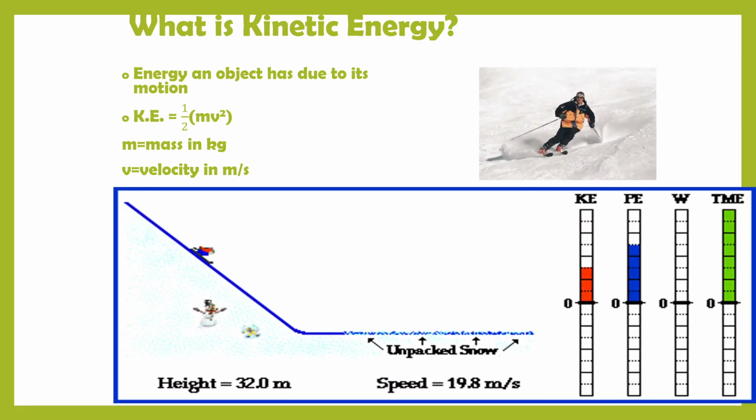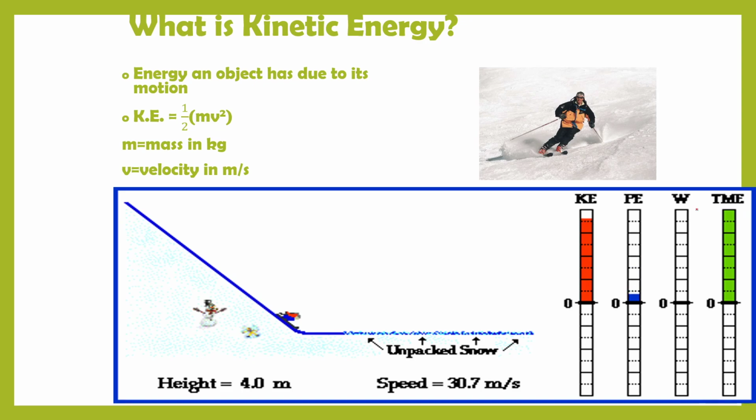Another example here is a skier going down a slalom. I don't know what you would call that, a hill. Now, in this case, we actually lose energy because we have energy converting. In this area down here, we have unpacked snow, and that unpacked snow slows the racer down. That doesn't mean that the total energy is going away.